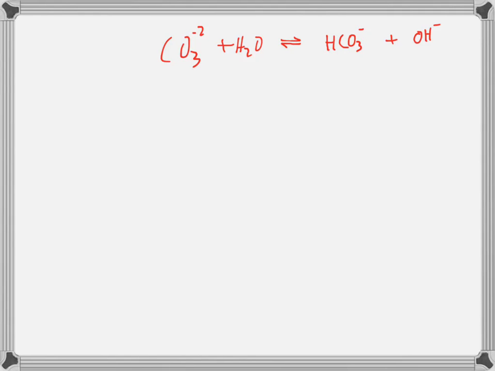Why did the problem tell you to only do 1? Because if we tried to mathematically do it with 2, we would end up finding out that our math doesn't add up. The ability of that species to pick up a hydrogen or act as a base changes as it picks up more hydrogens, which means the equilibrium constant changes, which means everything else changes.